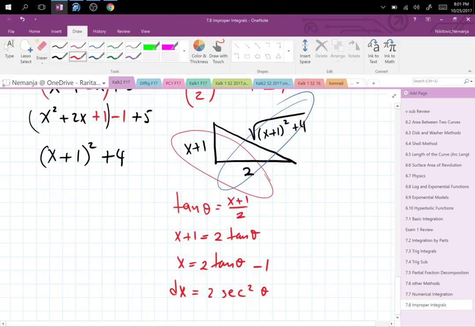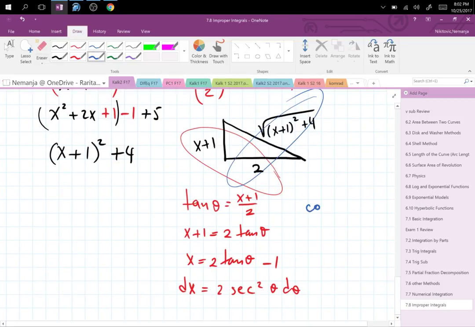That's immediately. We have x and we have dx. Then we have the blue equation. The blue equation is going to be cosine theta, and the cosine theta is 2 over the square root.